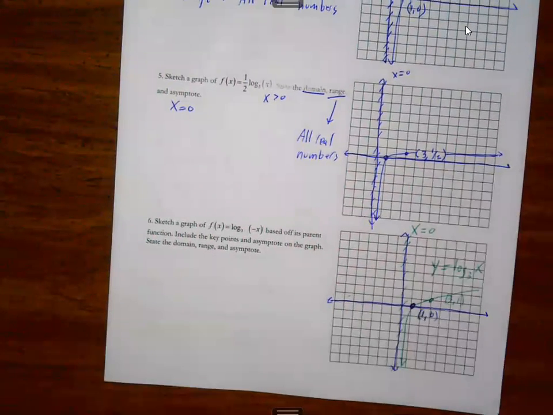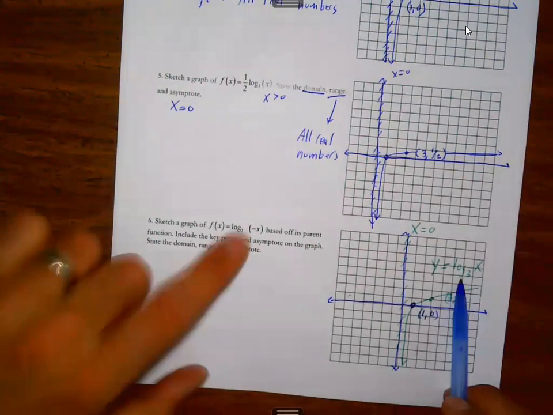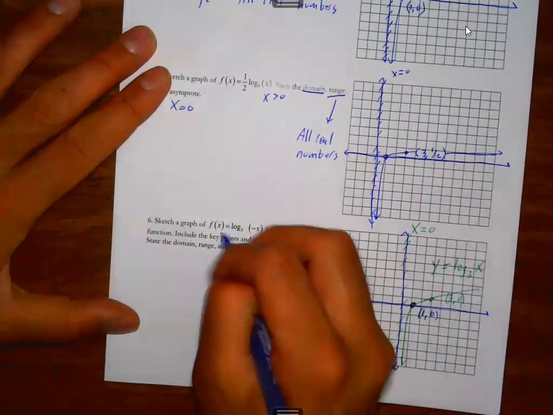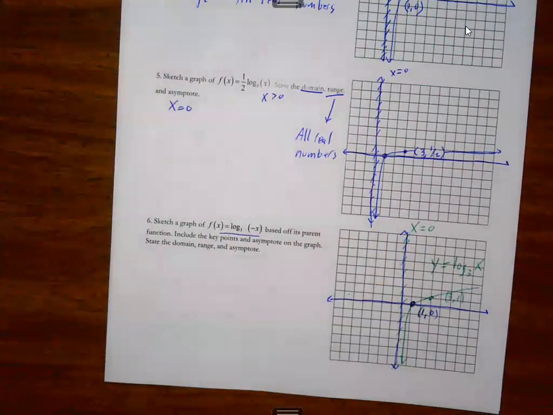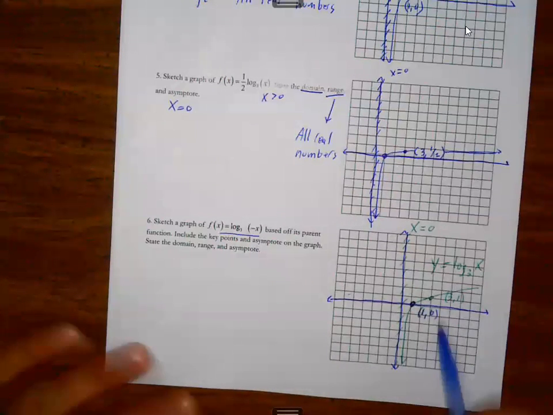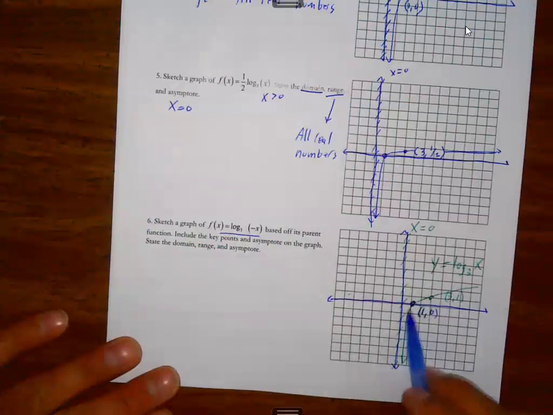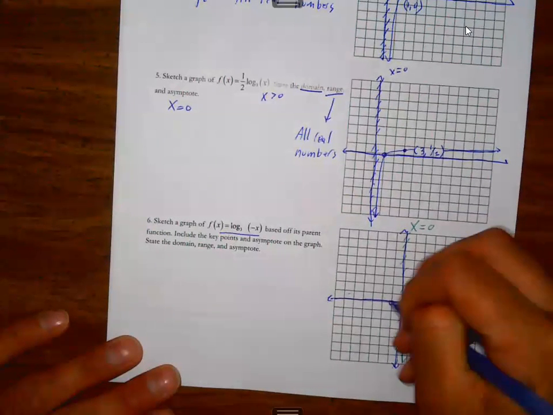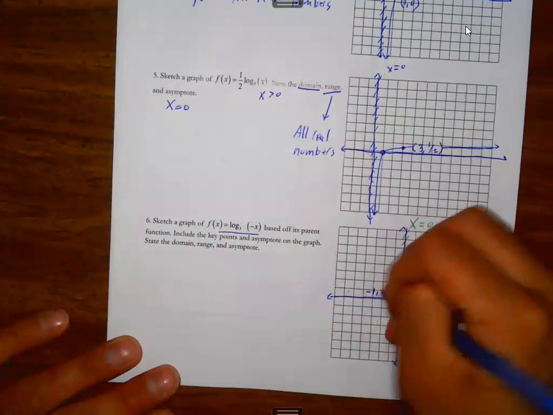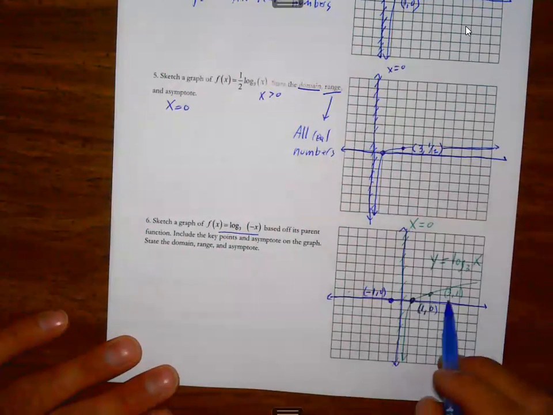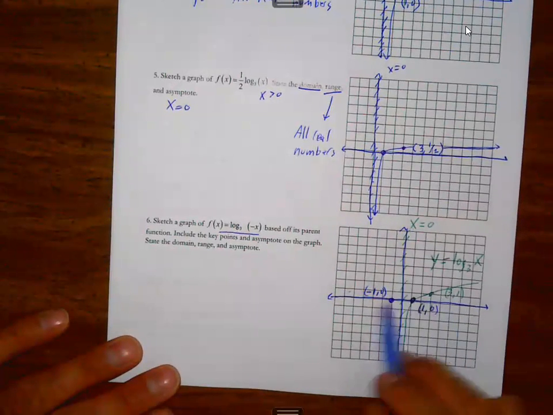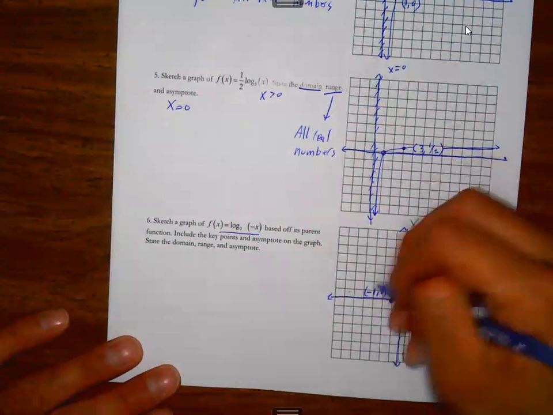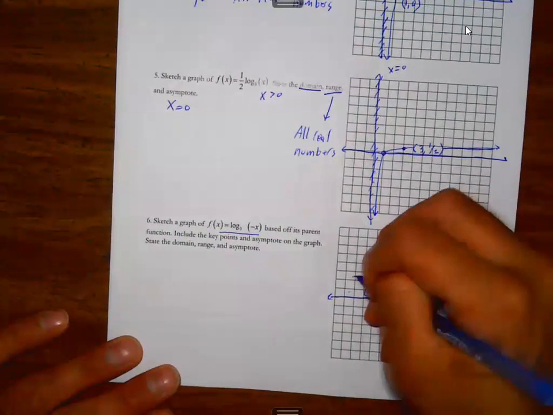Now look what's happening from here to here. The only thing that's changed is that we have a negative in front of our x, which means all these points on our original parent function, the x's are going to turn opposite. They're going to become negative. So this point at 1, 0 is now going to be at negative 1, 0. And this point at 3, 1 is going to be at negative 3, 1.